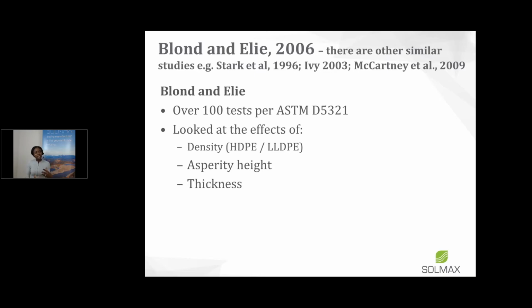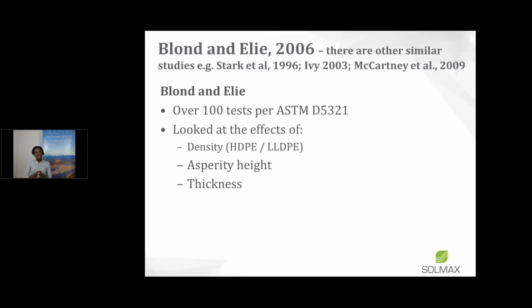And what they did in that study is they ran about 100 large-scale direct shear tests of different textured geomembranes in contact with geotextiles and geocomposites, sand, clay, and some other materials. And they looked at the effects of density.